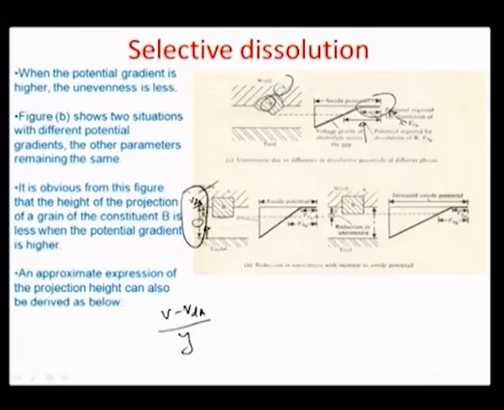And if we consider that of B, then the gap reduces to y minus delta, thereby the field becomes equal to (V minus VDB) by (y minus delta).